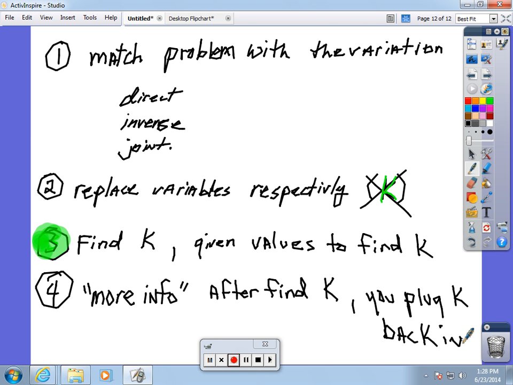That would be like us finding the ingredients for 33 cookies. Once we find the conversion factor, or K, of 33 over 24, then what do we do? We multiply it by each of the ingredients, and then we have our final product. And that's what they're doing. Once you find K, think of it as a constant, something that makes the formula work.